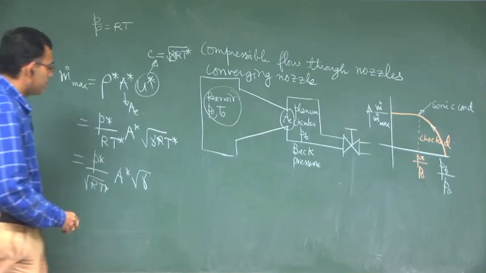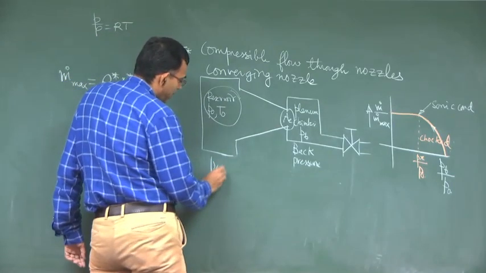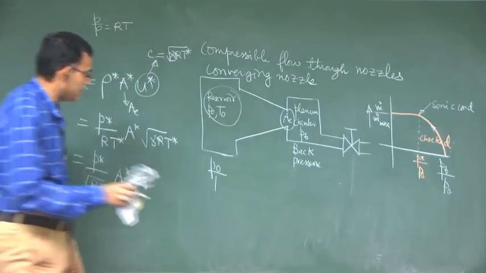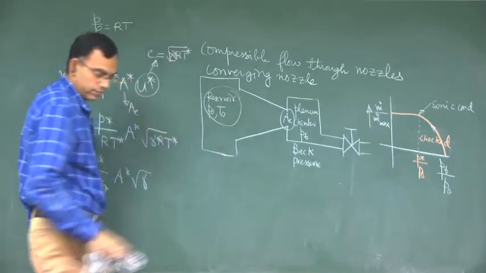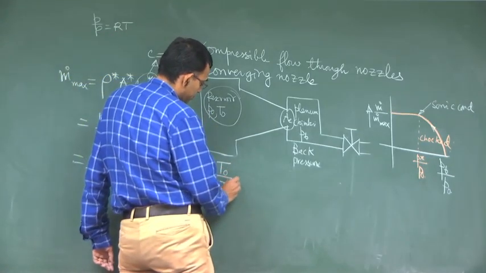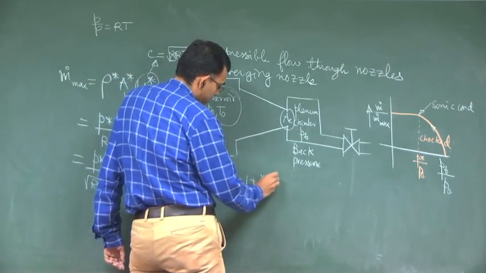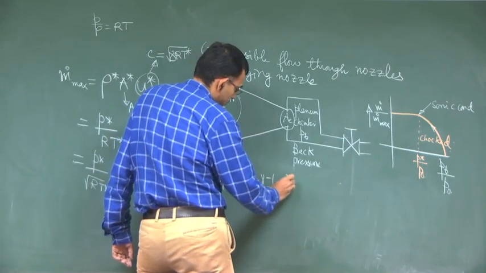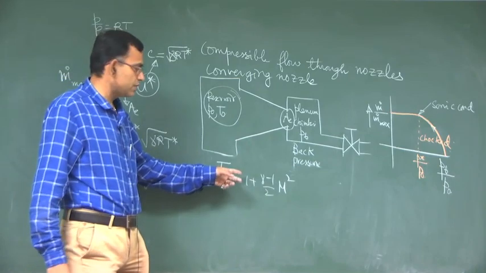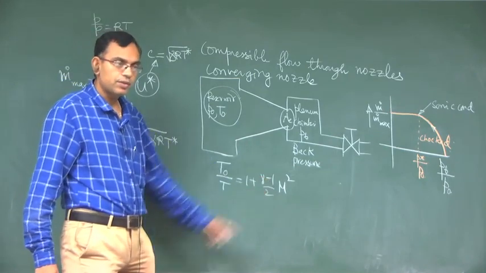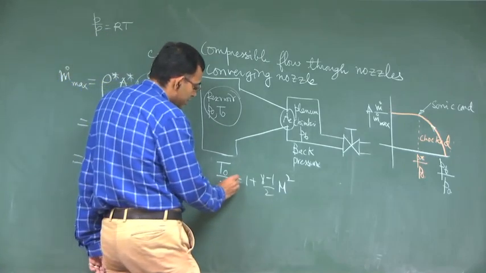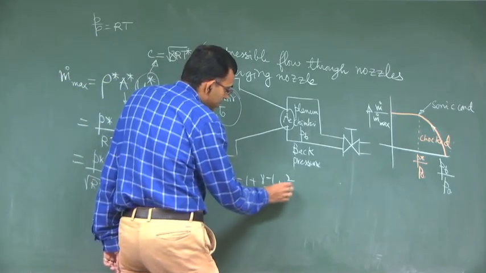Now what is P star? So you have P0 by P, or rather T0 by T. So first let us calculate this. Right, T0 by T was this, right, just check this formula once, 1 plus gamma minus 1 by 2 M square, right. So T0 by T star, what is M star? M star is 1.